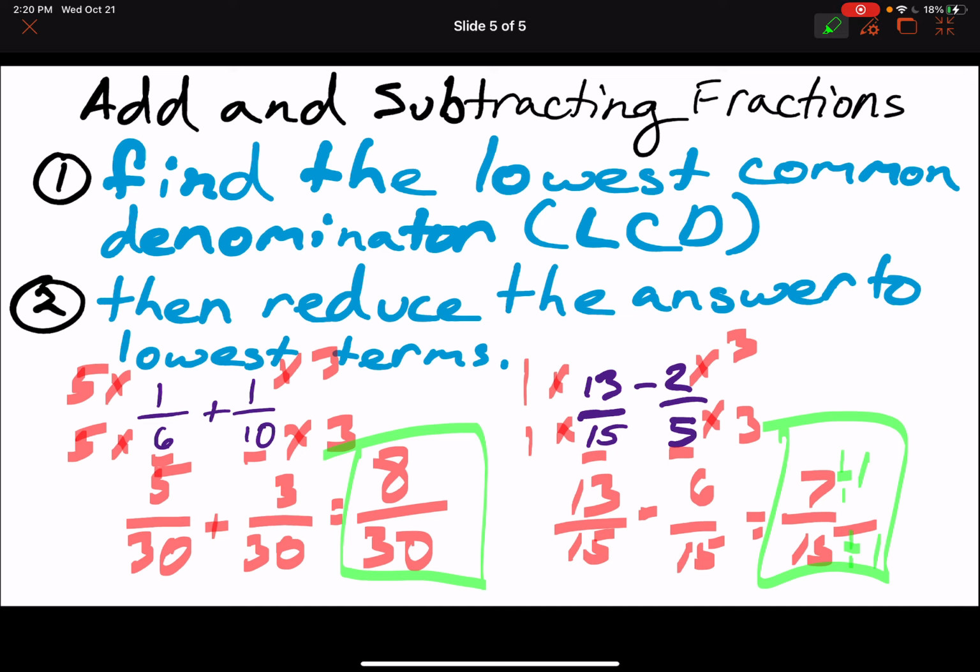I'm going to say no, because I know that I can divide both of these by 2. And that would be equal to 4 over 15. If I reevaluate and wonder if I can reduce it anymore, I know that the greatest common factor between these two numbers is 1, and so I am in my lowest terms.